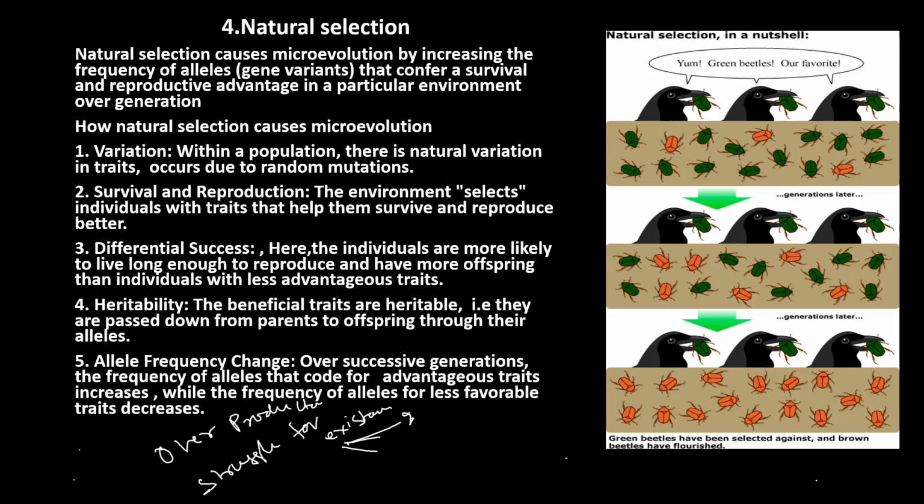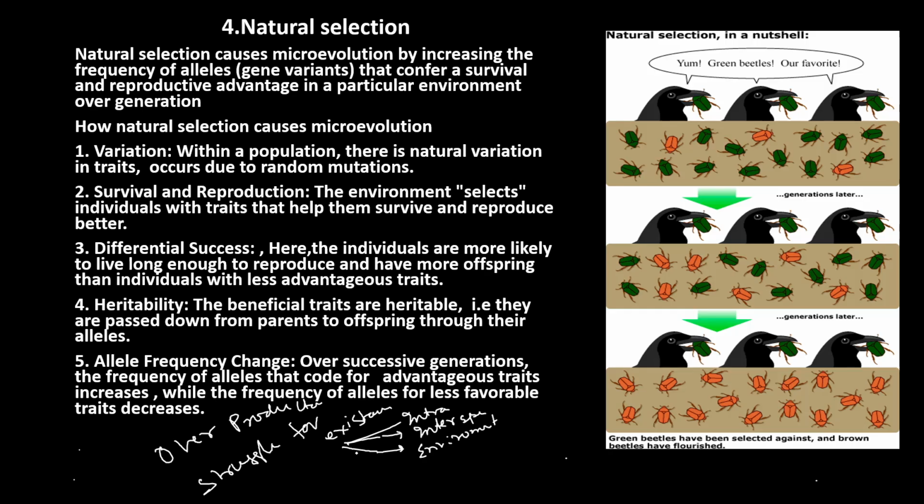One is intraspecific struggle, that means struggle occurs within the same species. When struggle occurs between different types of species, it is called interspecific struggle. And the last one is called environmental struggle, in which due to environmental factors, many of the species become eradicated.